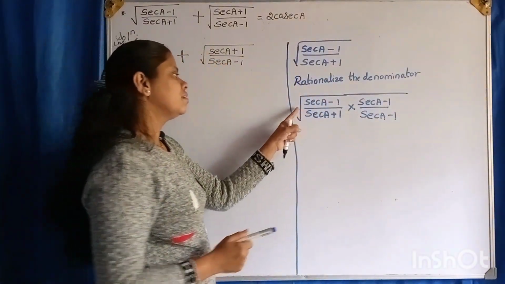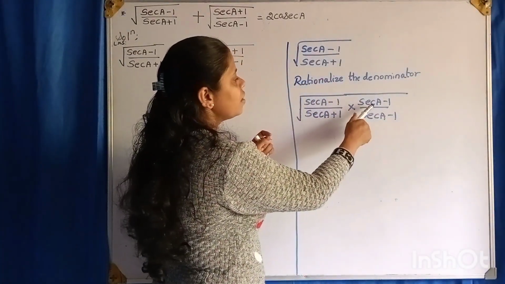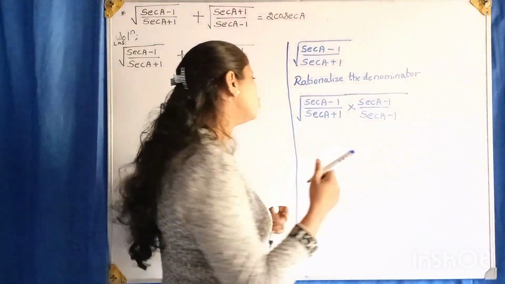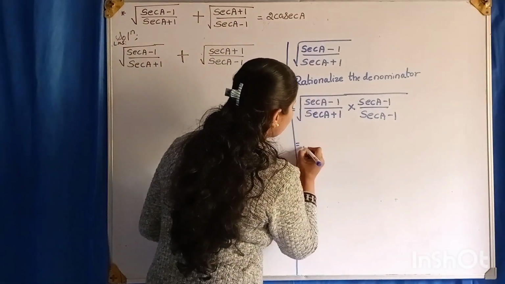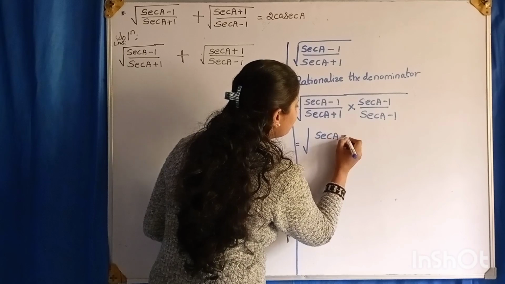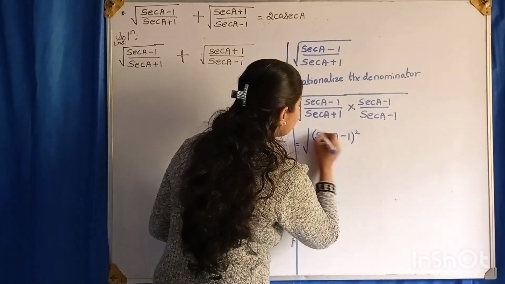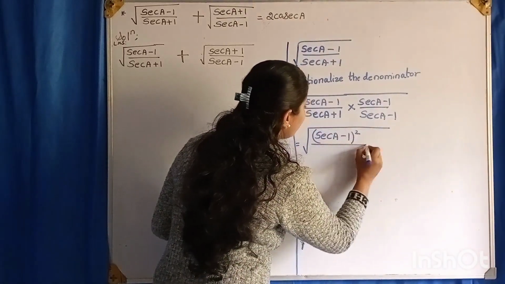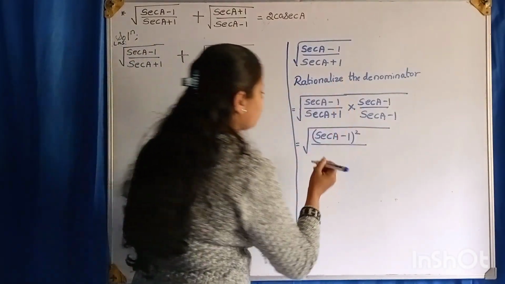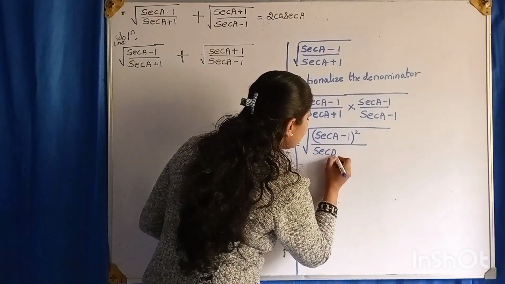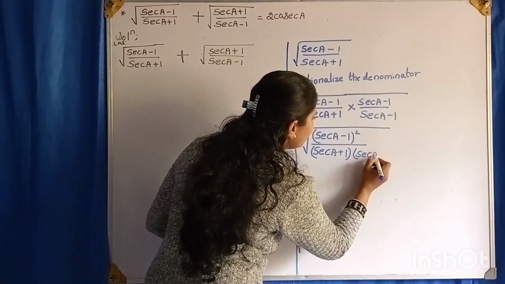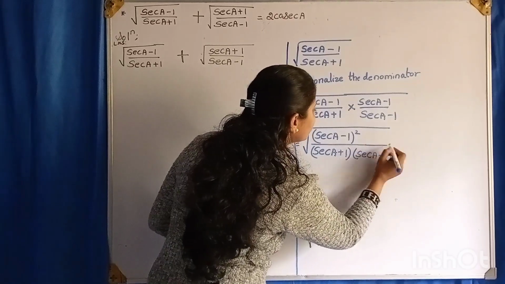Now look at this. Secant a minus 1, secant a minus 1. What it will become? Secant a minus 1 the whole square. Therefore, we can write it as secant a minus 1 the whole square divided by secant a plus 1 into secant a minus 1.